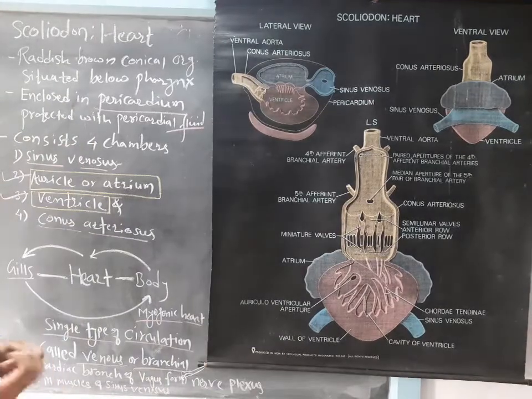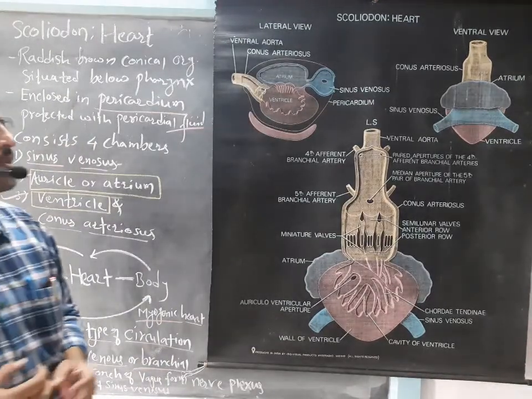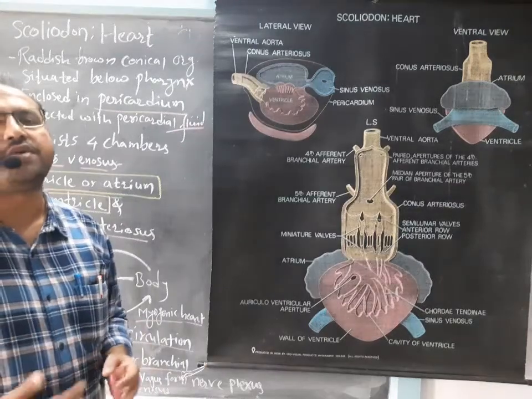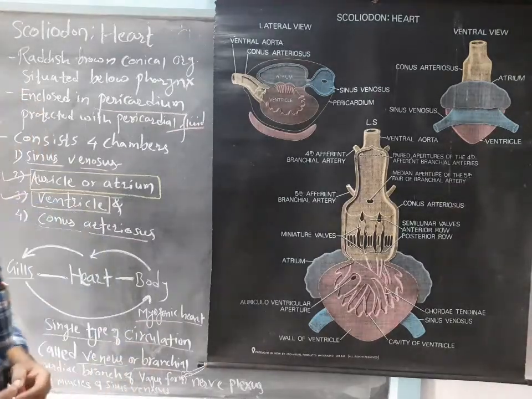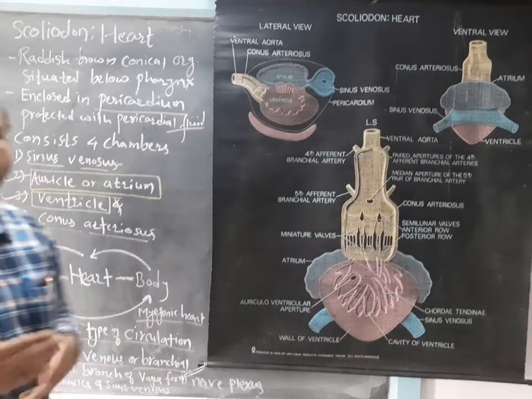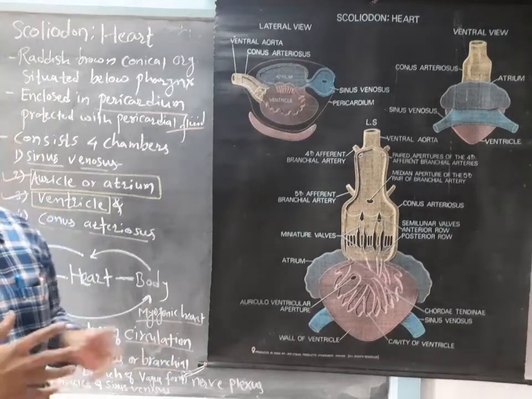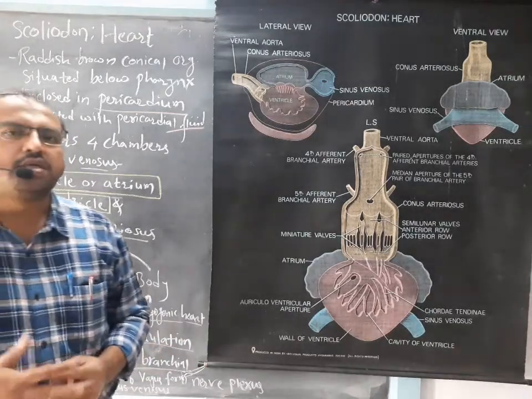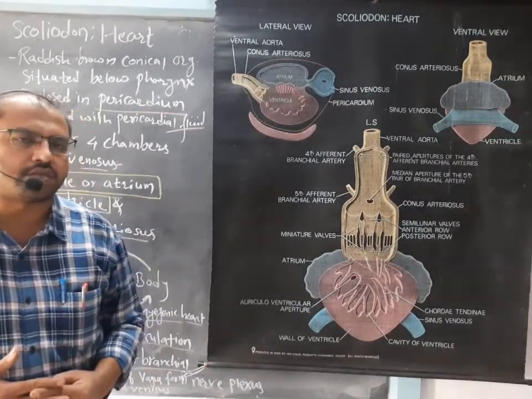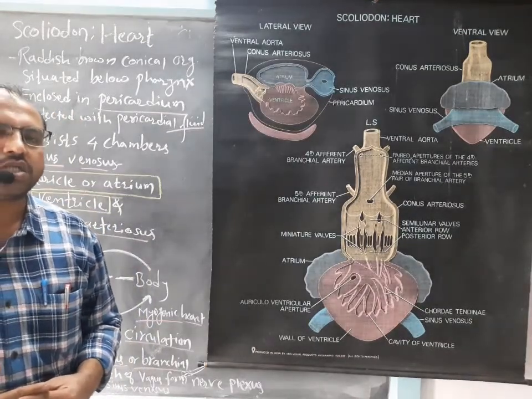With the help of systole and diastole, continuous rhythmic pumping action, the blood flows continuously throughout the life of the individual. In Scoliodon, only deoxygenated blood comes to the heart, and that's why this type of circulation is called single circulation, which receives only the venous or deoxygenated blood.